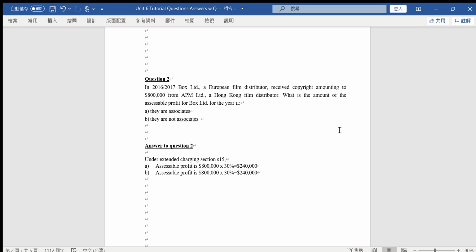There are two conditions that should be fulfilled. One, they are associates, and the concerning assets have been owned by the Hong Kong company before. Then 100% will be applied. Otherwise, just 30% only.